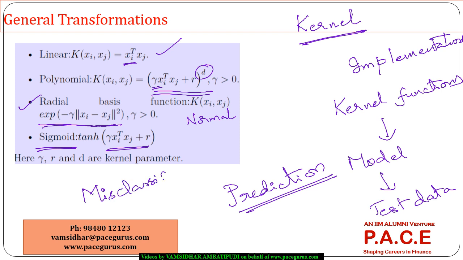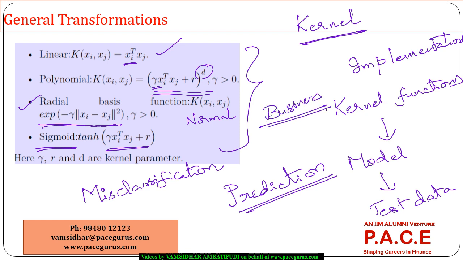So rather than getting into the mathematics, there's a different way of understanding these things. One, you can understand the mathematics behind them. Two, we can look at the business side of them. All I need to understand when I'm going with a support vector machine is that my data gets transformed, and I can apply any of the different kinds of transformations to the data.